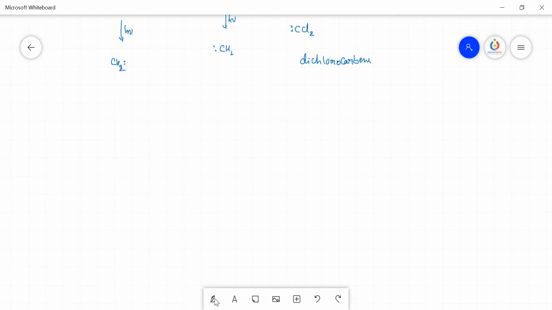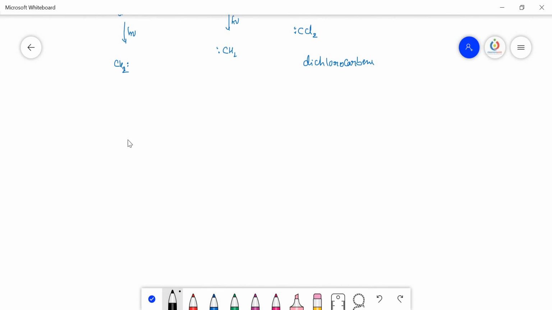So you just see how the reaction is. Ethene molecule, CH2N2 and just sunlight. If anybody asks how you will convert this ethylene molecule to cyclopropane, add this reagent.